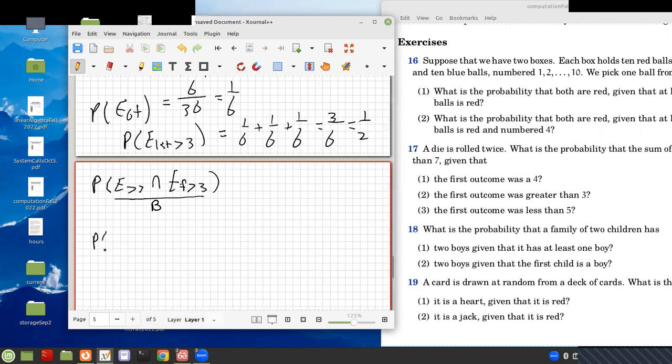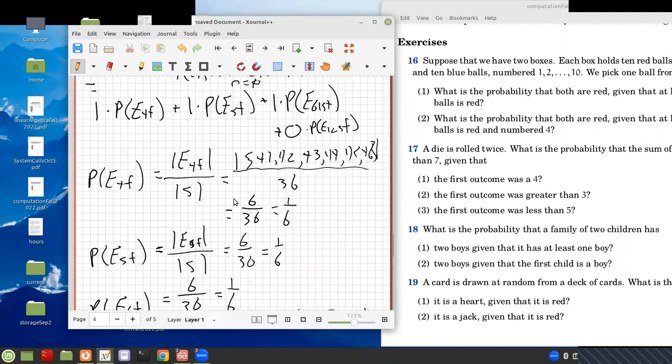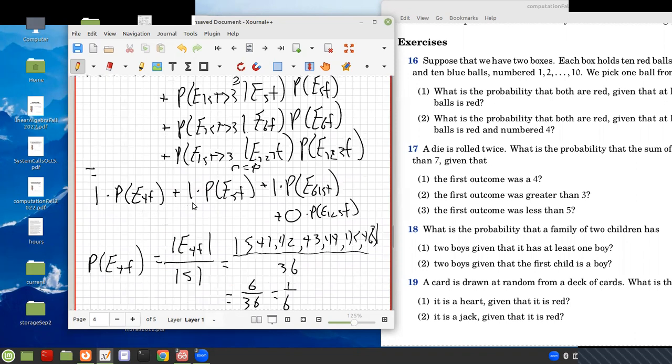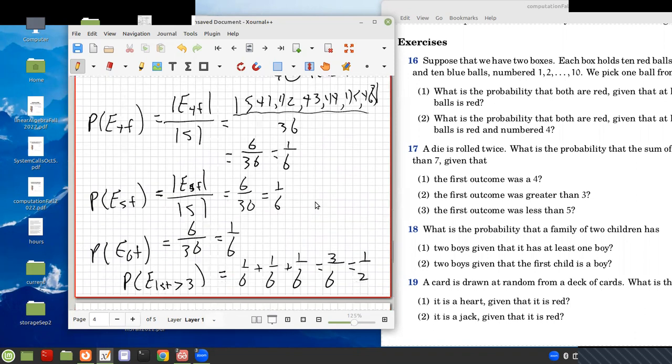So the probability that B occurs is going to be the probability that B occurs given that the first one is 4, 5, or 6.